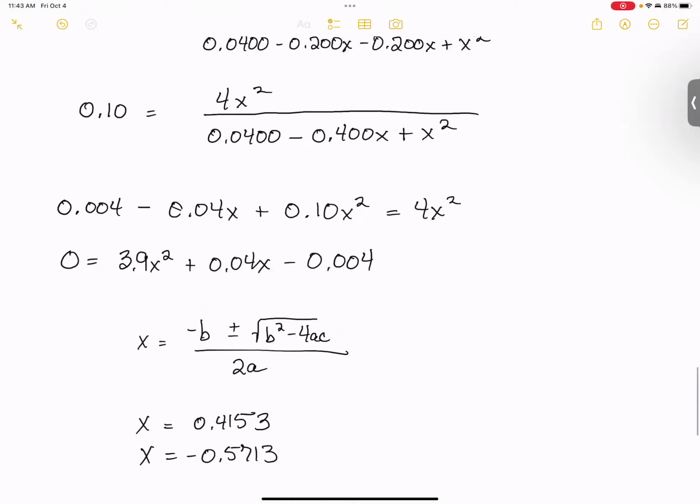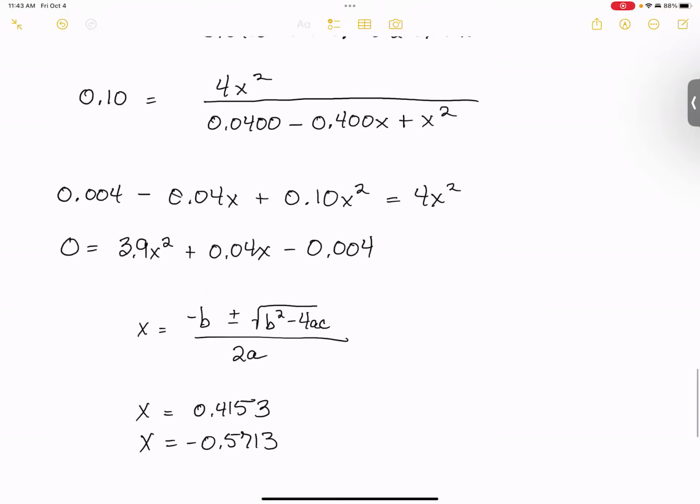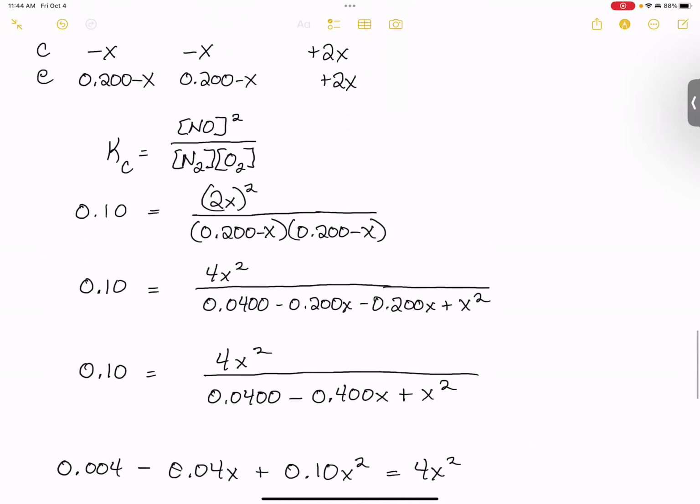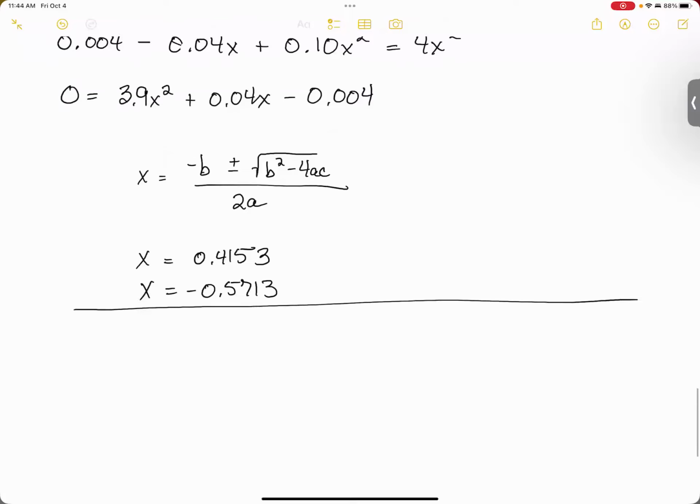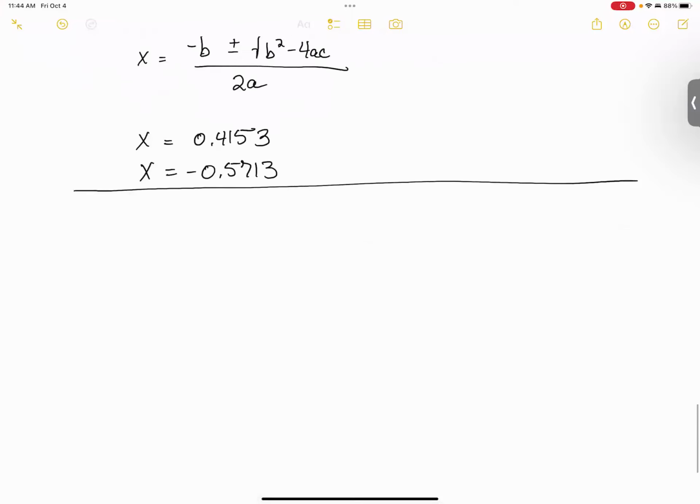Well, we go back up here and get our N2. N2 was equal to 0.200 minus x.